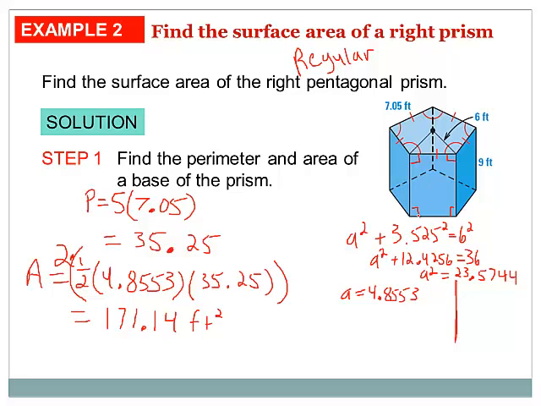So if we have 90-degree angles, that means we have rectangles. And for the rectangles, for the lateral faces, we'll call this the lateral faces area, is equal to the base times the height. And we know the base, it's the side length of our pentagon. So that's going to be 7.05. Multiply that by the height, and we can see the height is 9.